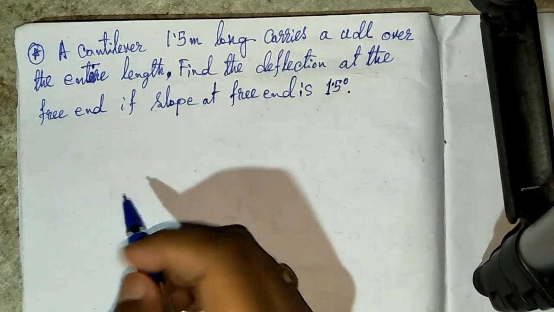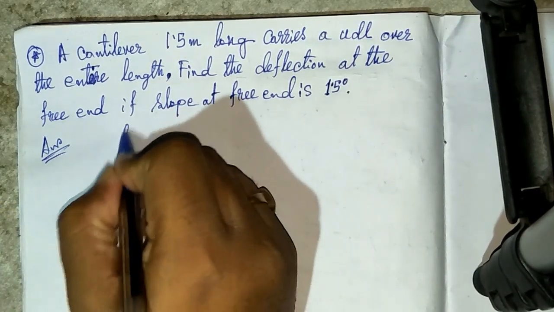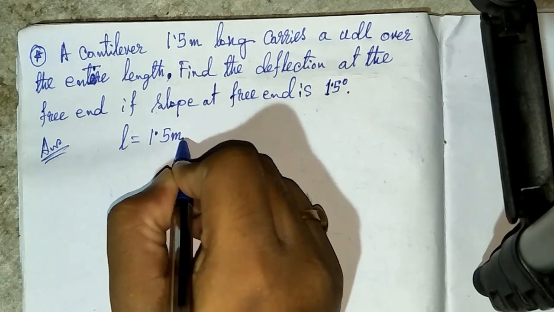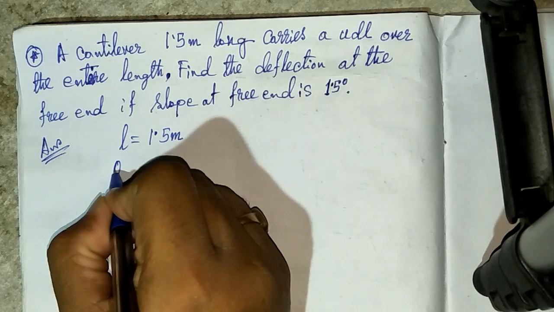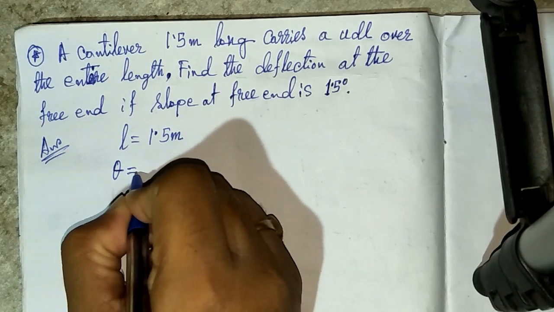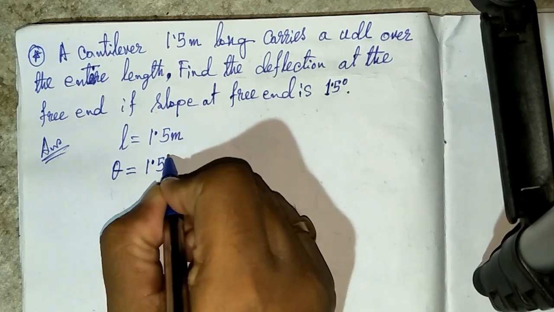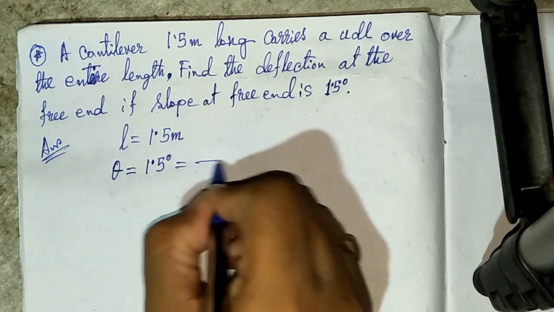So the value of the length is 1.5 meter, and at the free end the slope theta is 1.5 degree.